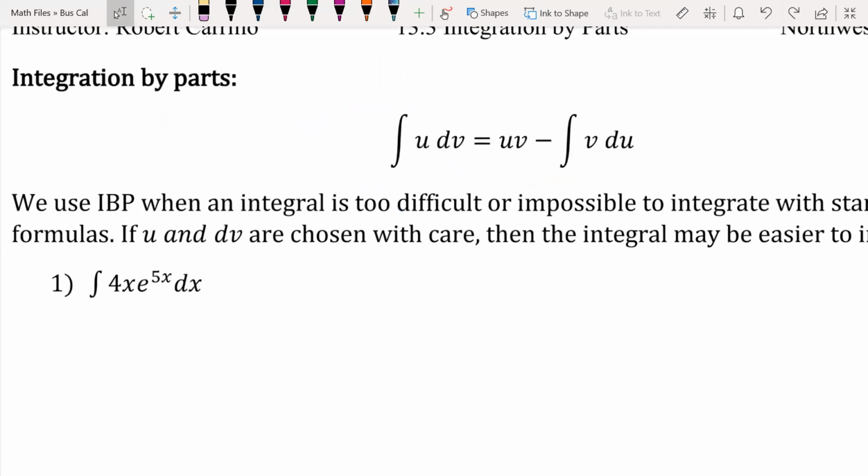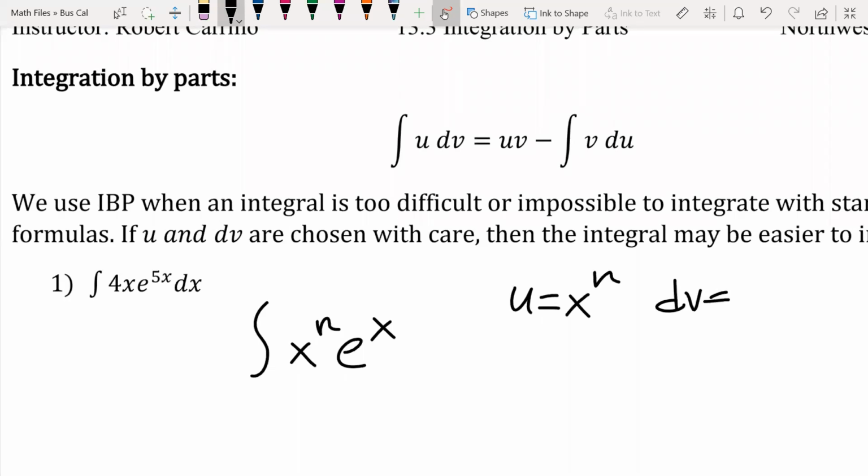So number one, we have the integral of 4x e to the 5x dx. Okay. So one thing I can say about this, because I've done it many times, if you're ever given the form of the integral of x to the n e to the x, it's always wise to let u equal x to the n and let dv equal e to the x.